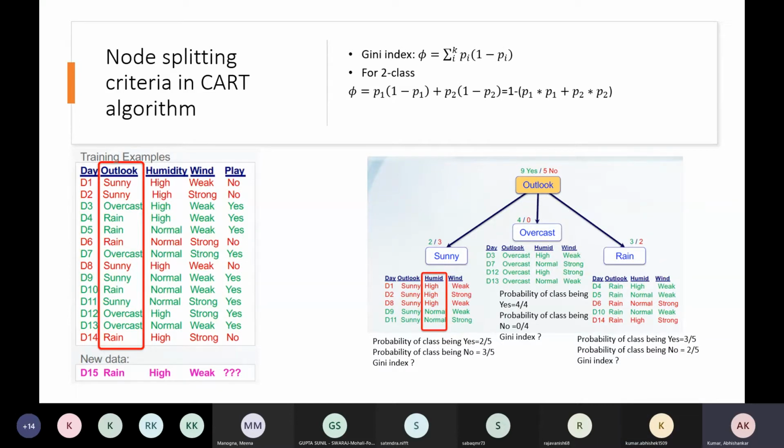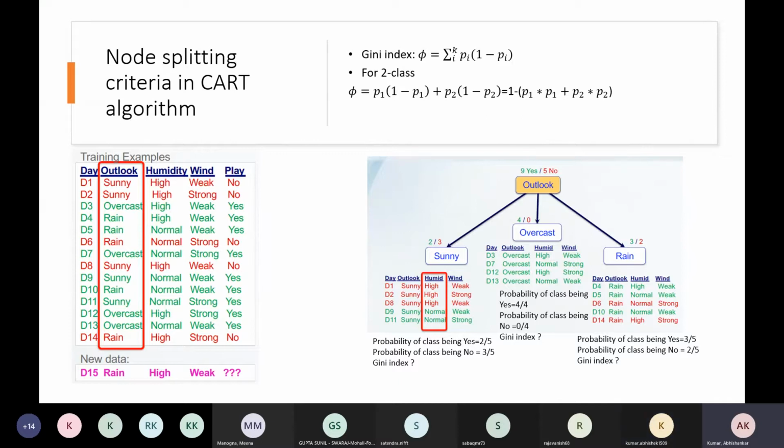The probability will become 0 for one class, and for the other class the probability will be 1. Correct.